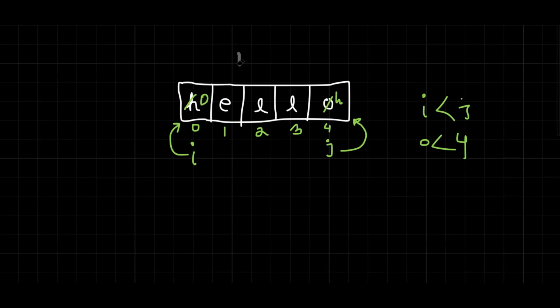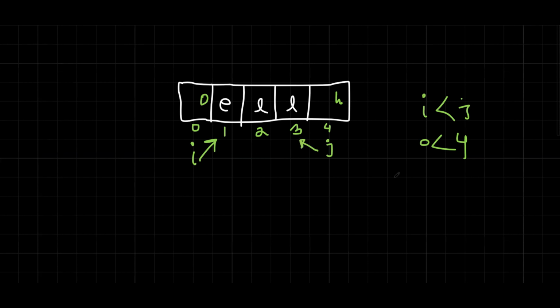Now, after that, we have to increase the pointer value I and decrease the pointer value J. So if we increase the pointer value I, I will point to this index, and if we decrease the value of J, J will point to this index.